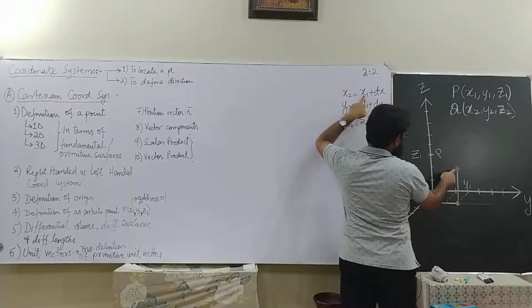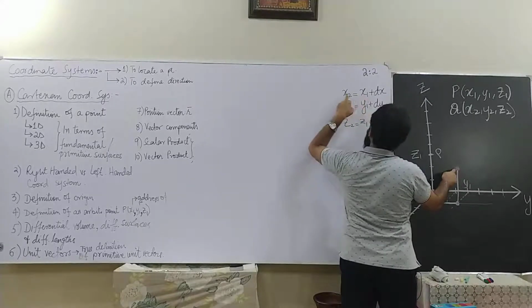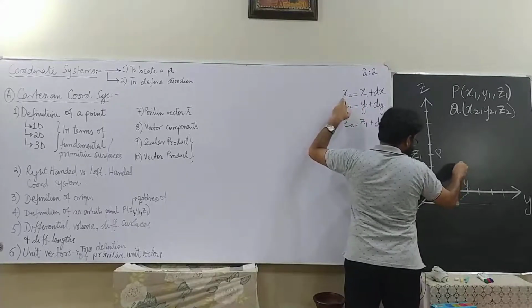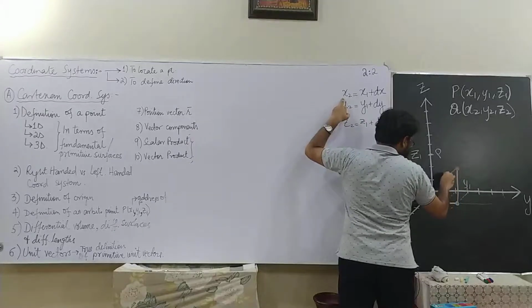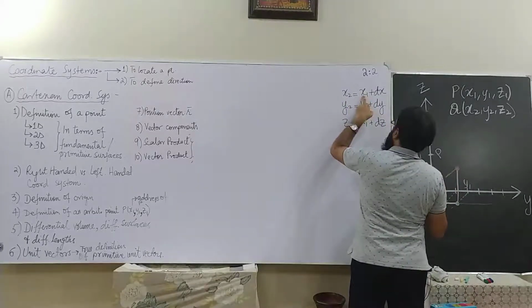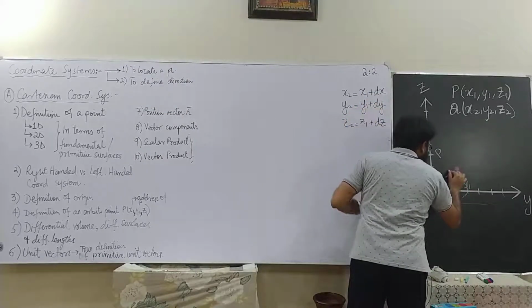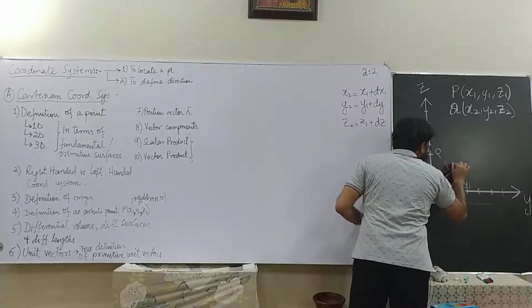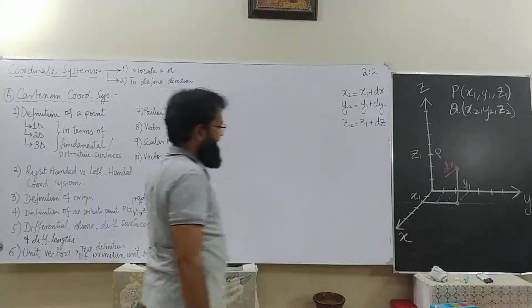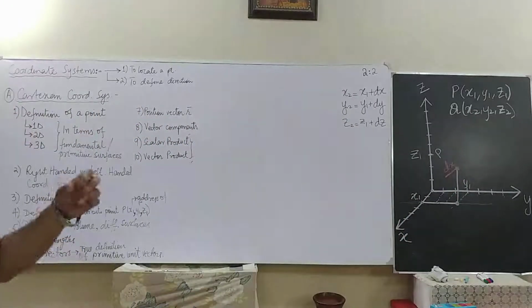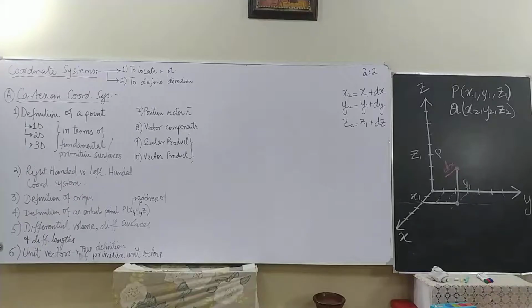So if I want to reach x2, what I should do, I should move in the direction of x. How many units? I'm already at x1 plus some differential unit, and let me call that dx. So if we move in the direction of x from the already given point P, how many units? dx units.